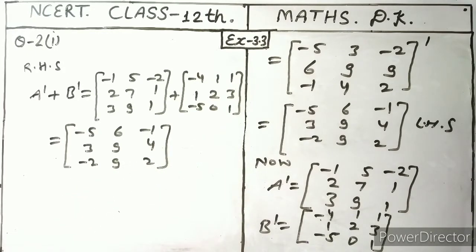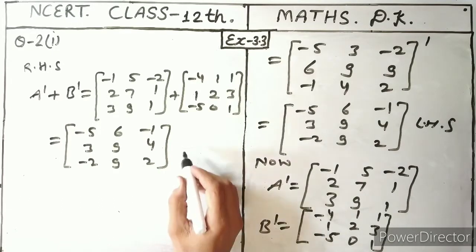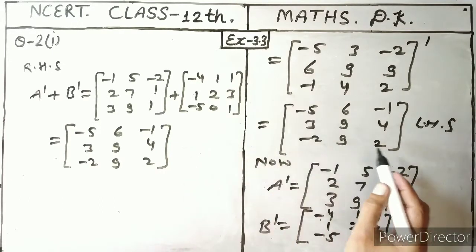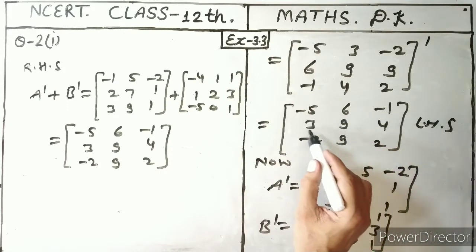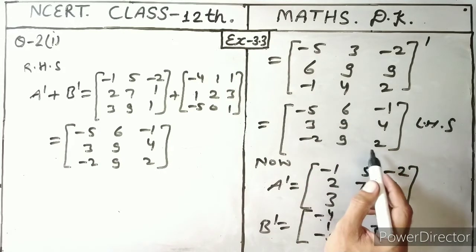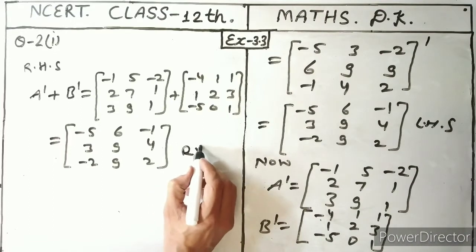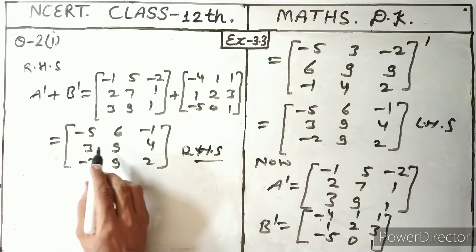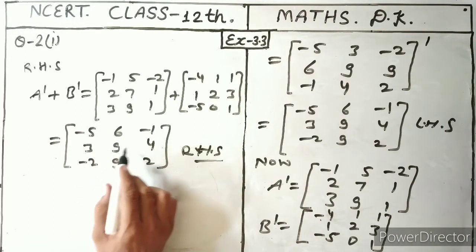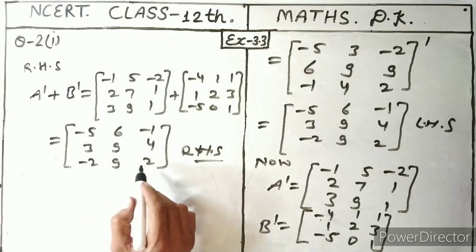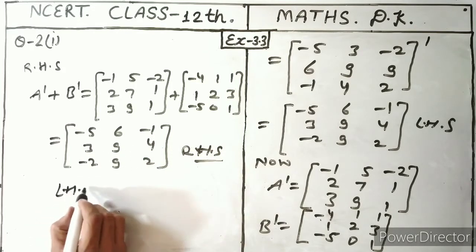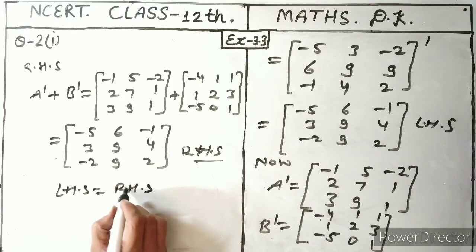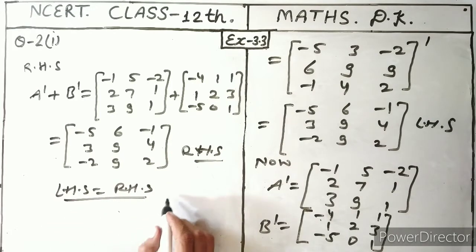This is right side. And we find out left hand side -5, 6, -1, 3, 9, 4, -2, 9, 2, and right hand side also -5, 6, -1, 3, 9, 4, -2, 9, 2. So left hand side equal to right hand side. This is verified.